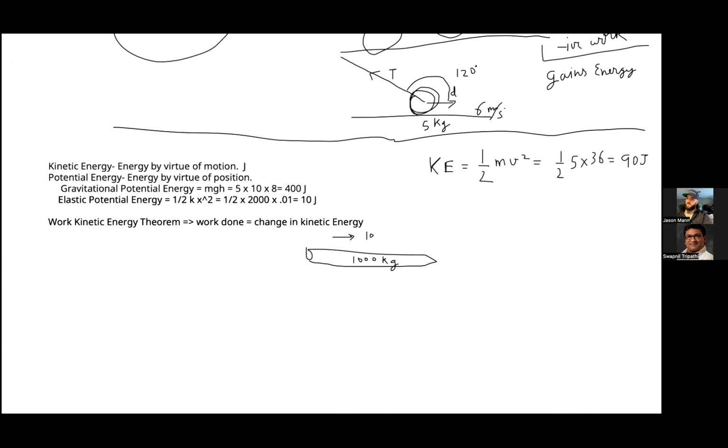But then it fires its propulsion rockets. And because of that, it generates a thrust. The thrust is 4,000 newtons.